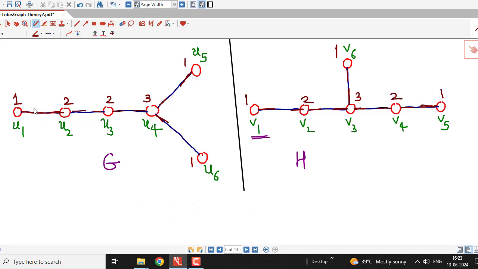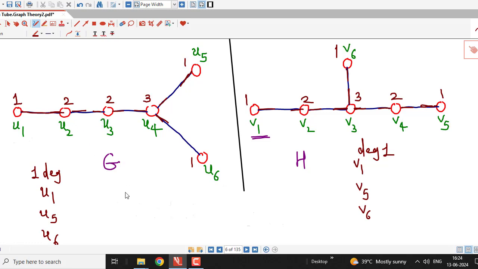Now we can see that in graph G we have u1, then u5 and u6. These three vertices are of degree 1, or there are 3 vertices of degree 1 in graph G. So here also we must have 3 vertices of degree 1, and those are v1, v5 and v6.